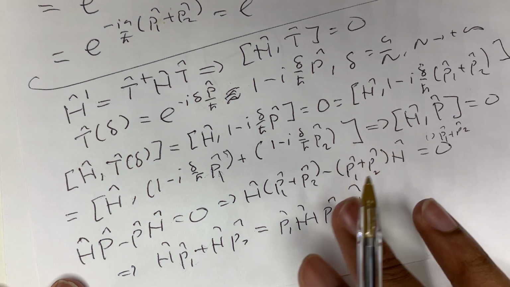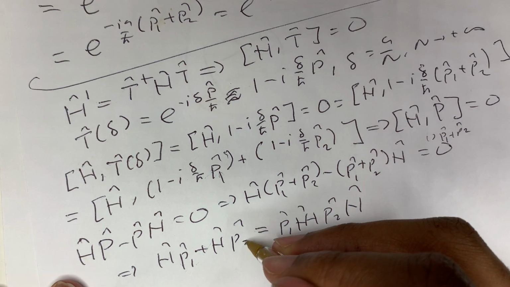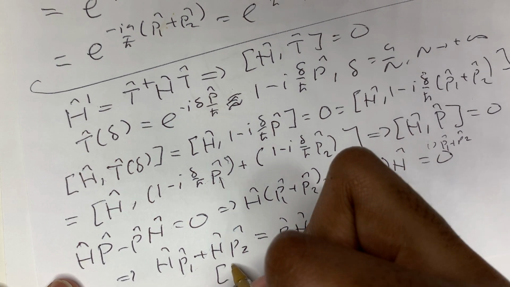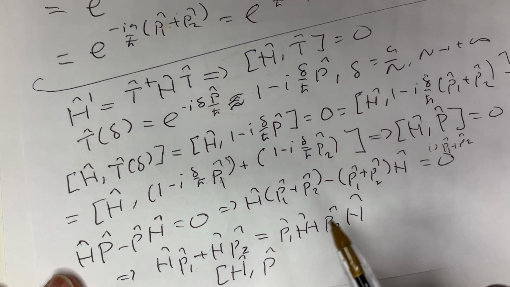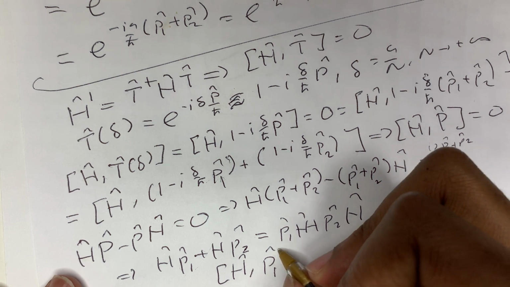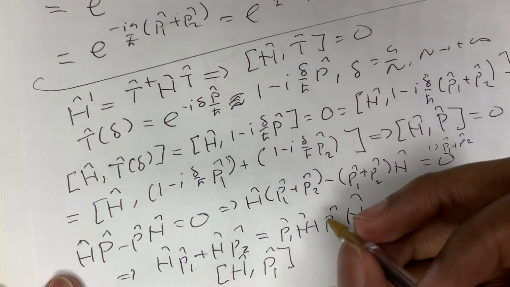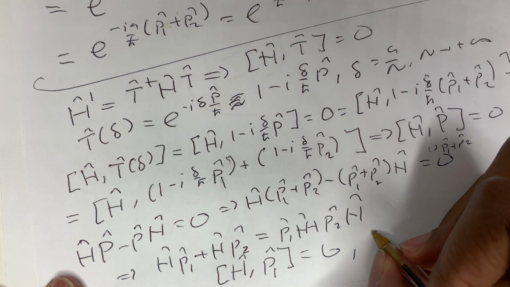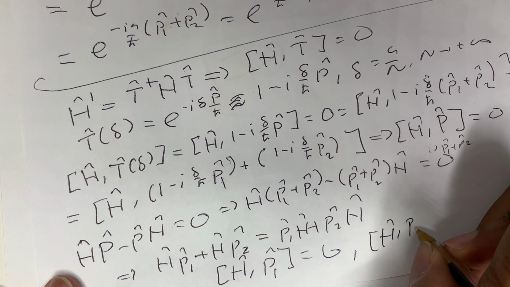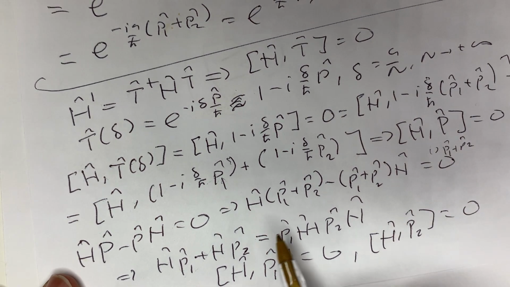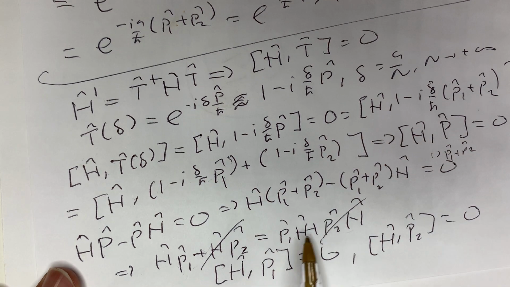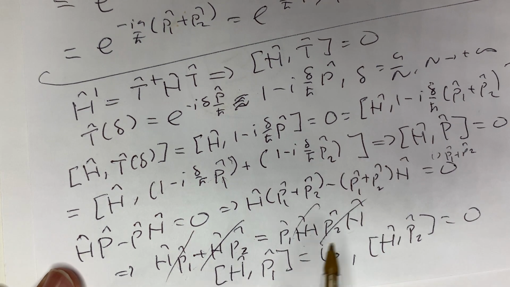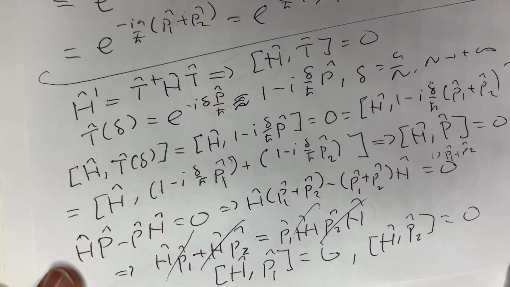Okay, this implies that the commutator of the Hamiltonian and p hat 1 equals 0. The commutator of the Hamiltonian and p hat 2 should be 0, right? Since these are the same thing, just swapped, we can just show that these are the same, or cross cancel these ones then and show that these ones are the same, right?